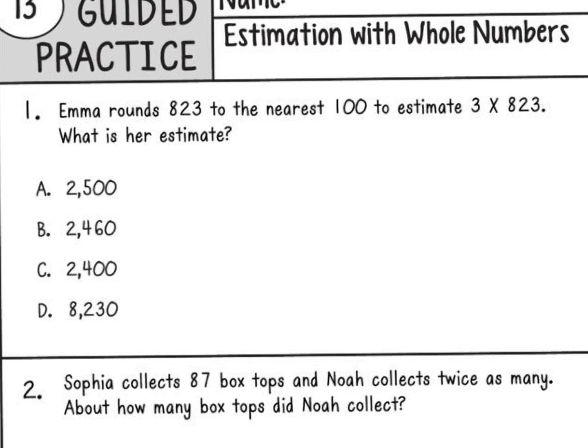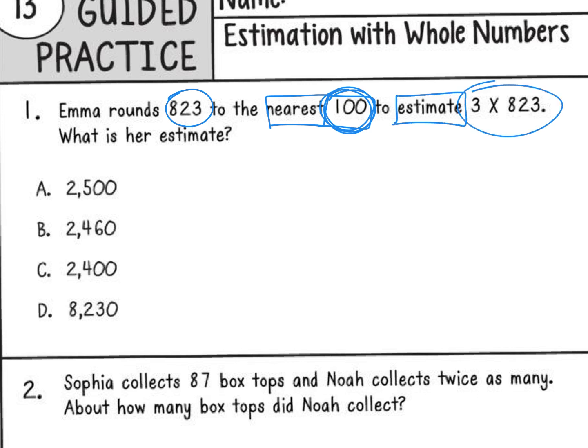It says Emma rounds 823 to the nearest 100 to estimate 3 times 823. So what would her estimate be? 2,400. I have 823 rounded to the nearest 100.